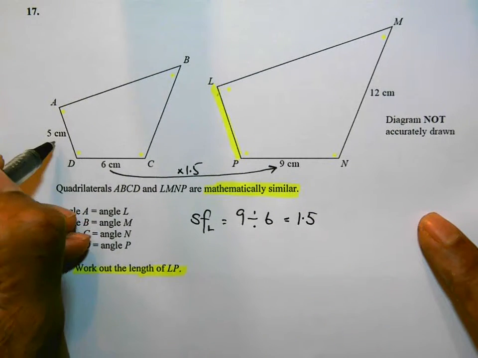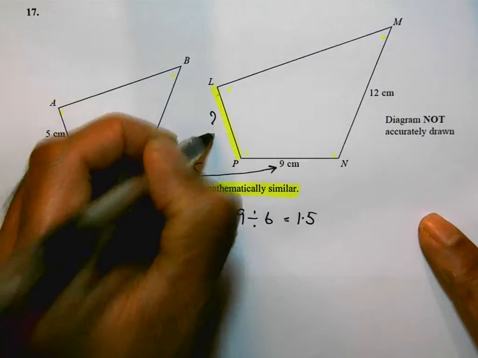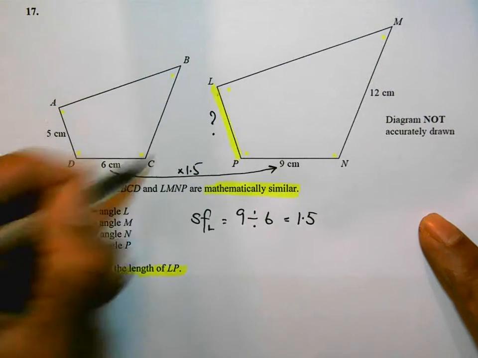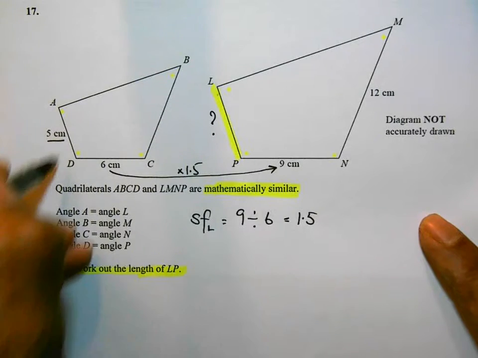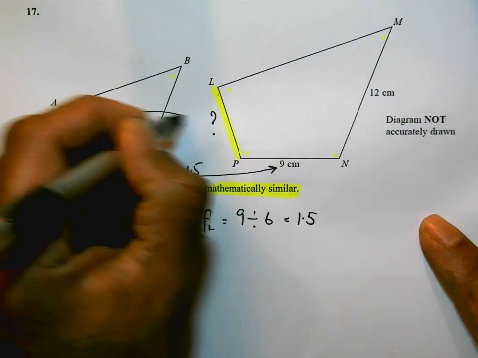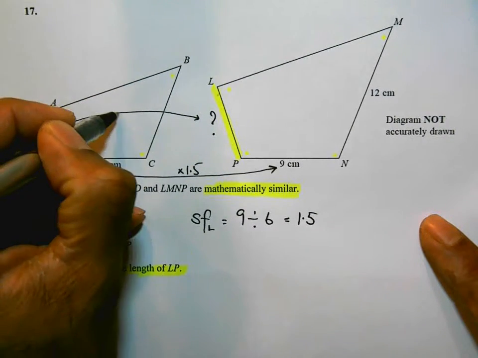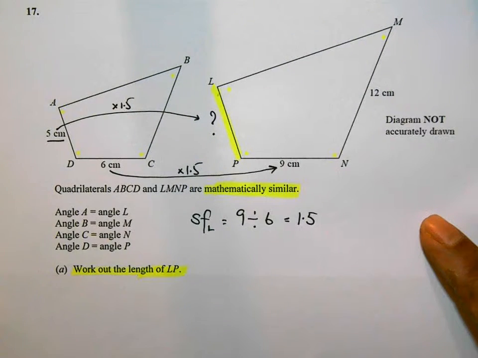How am I going to do that? Well, I need to work out LP. The corresponding side in the smaller shape is AD, and that's 5 centimeters. So if I times that by 1.5, that would help me work out LP.